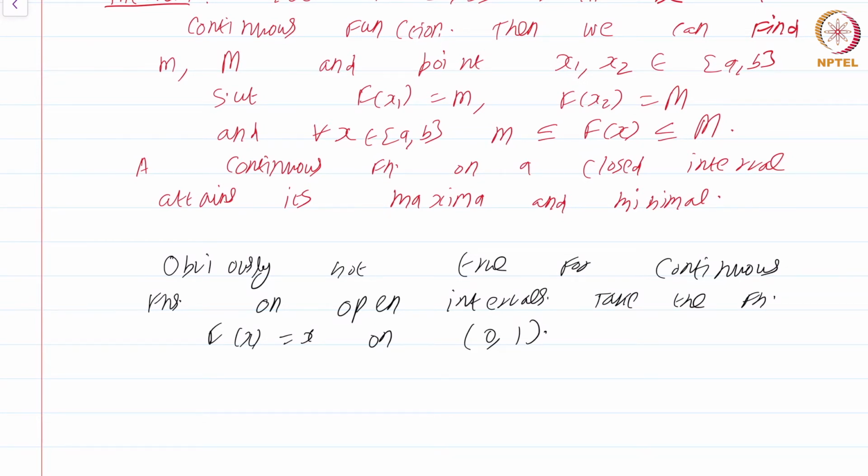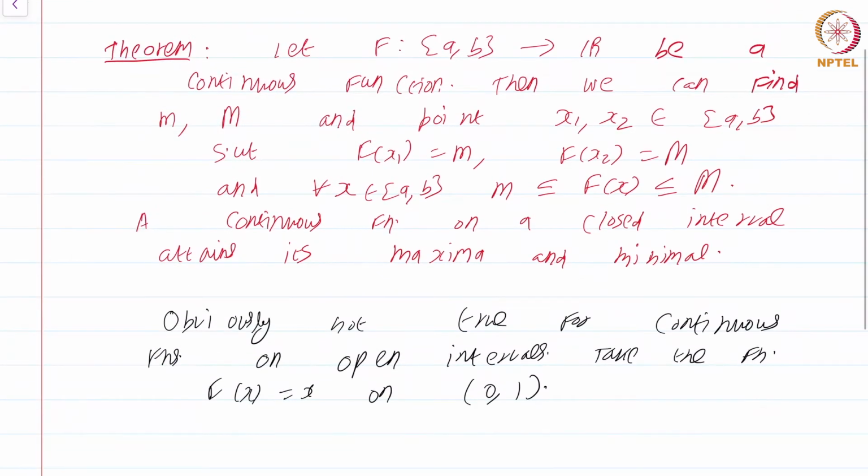Now one can prove this theorem quite easily without using anything from topology. You can prove it, but the key fact is this closed set [a, b] is compact, and that is what plays the crucial role in making this theorem true.